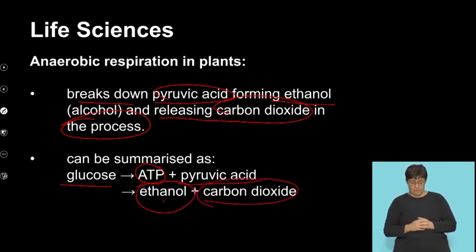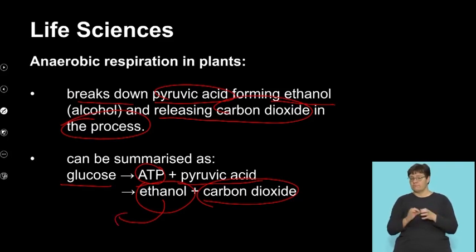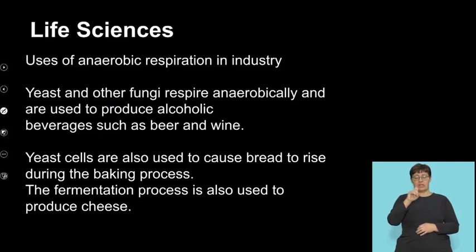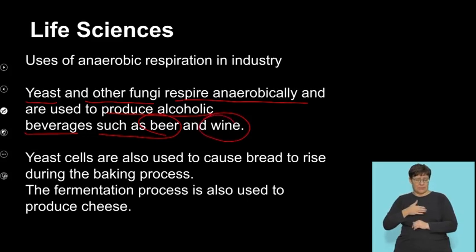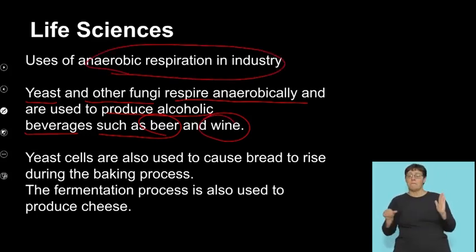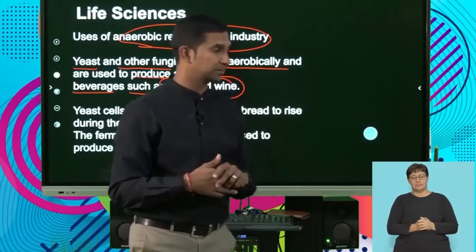And we see this reaction, the release of ethanol, being called alcoholic fermentation. Yeast and other fungi respire anaerobically, and these are used to produce alcohol as beverages in the beer and wine industry. This process is of great importance and significance in the industry where we refer to the brewing of alcohol.